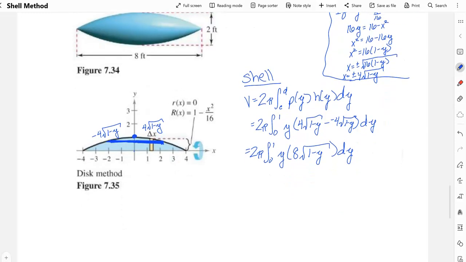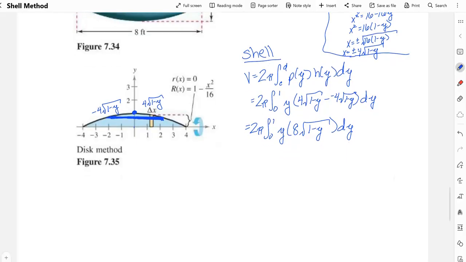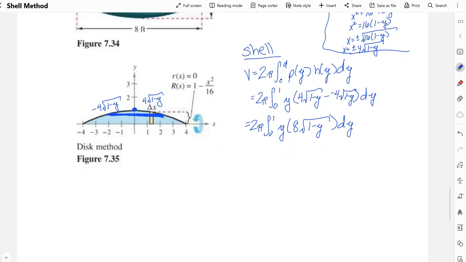And you see that integrating that's going to be a little bit more complicated. That's actually going to involve integrating by parts. Let's set up disk, which is the way that they set the picture up for us. The reason that we know that that's disk is because that representative rectangle is perpendicular to the axis of revolution.